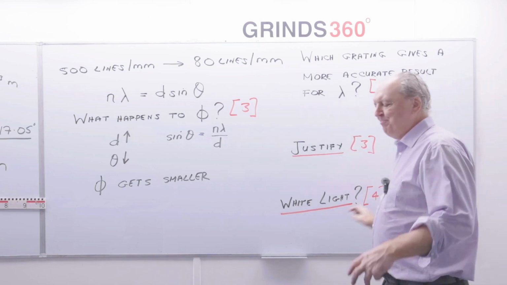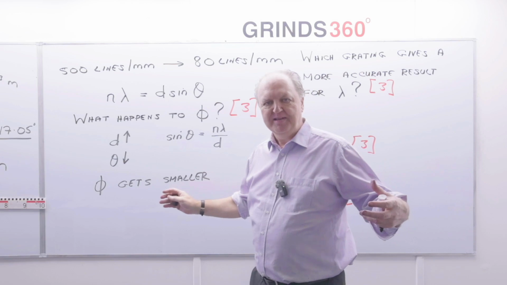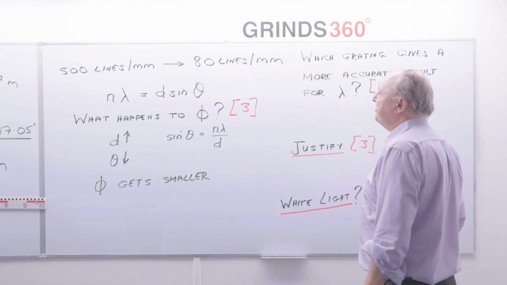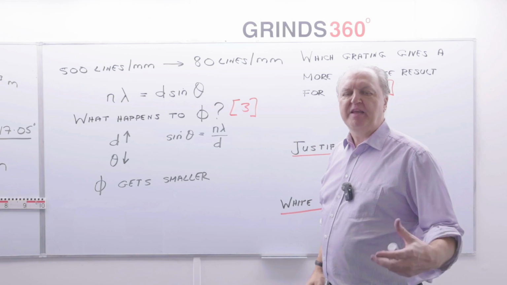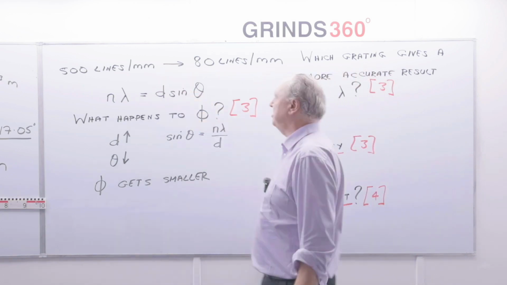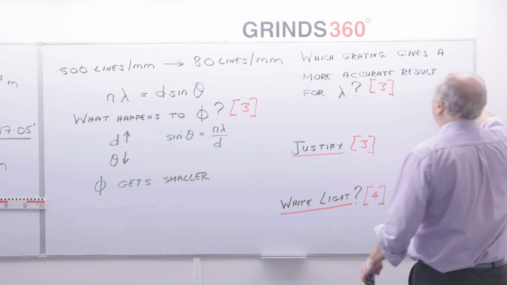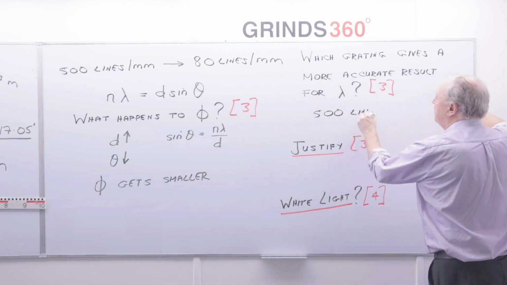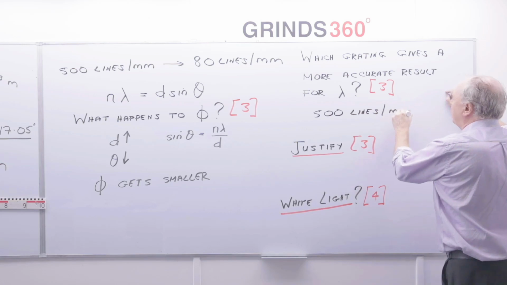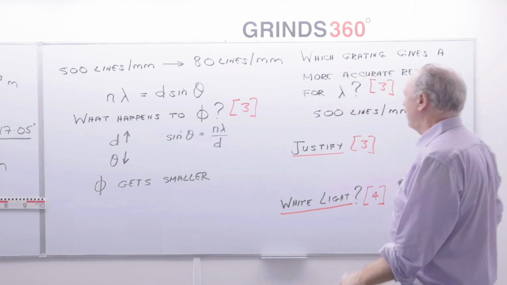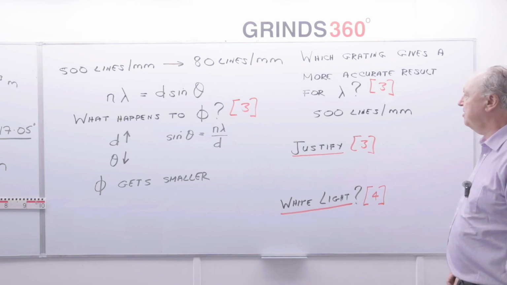Well, when you're dealing with bigger angles, you'll get better results. So what diffraction grating gives me a bigger angle? Well, it's the 500 lines per millimeter. So which grating gives a more accurate result? I would say the one with 500 lines per millimeter. That will give me the better result. The 3 marks for saying that. And they want me to justify my answer?